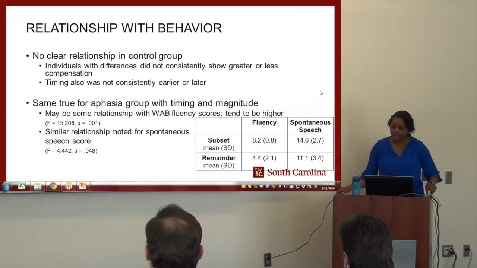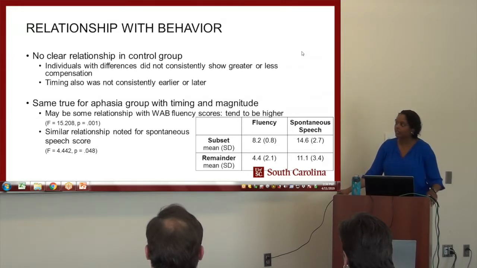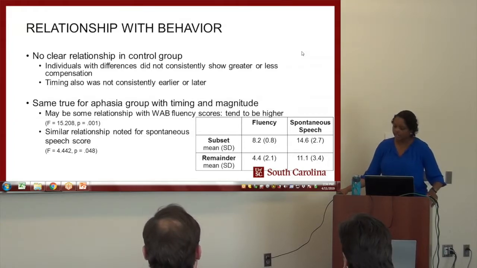So for the subset, we see that for both of those sub-scores, it's higher, although again, this relationship was not necessarily consistent. So just because you did have a higher fluency score doesn't mean that we saw those source differences.